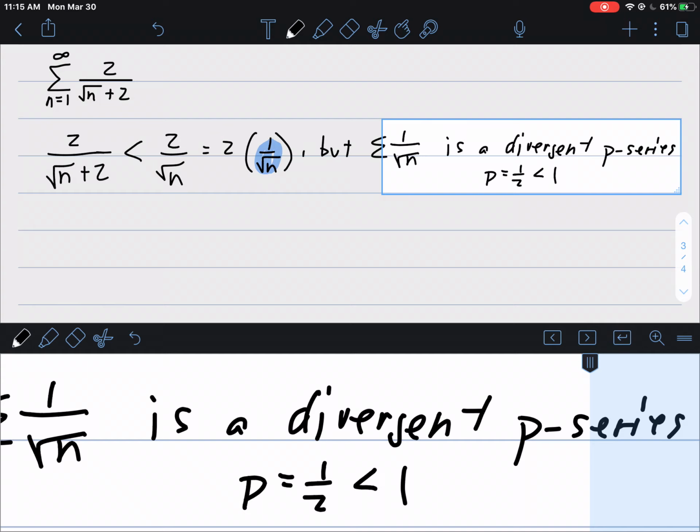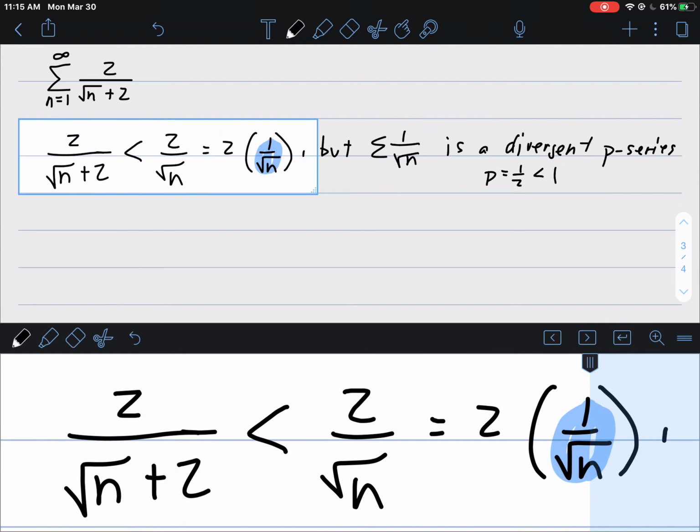But that's the problem, because our comparison was that the terms of our series are less than the terms of 1 over the square root of n, or twice that. Smaller than a divergent series? That doesn't tell me anything.